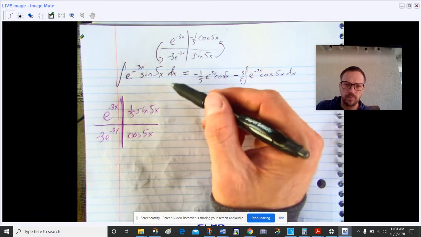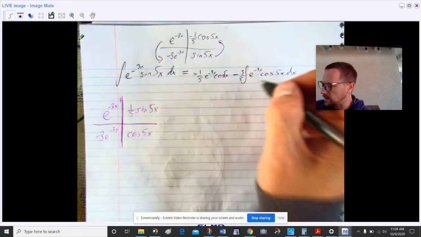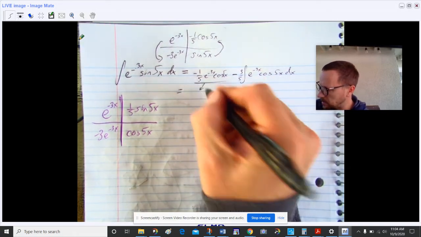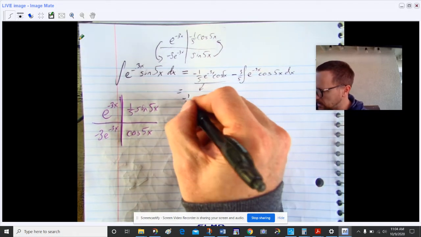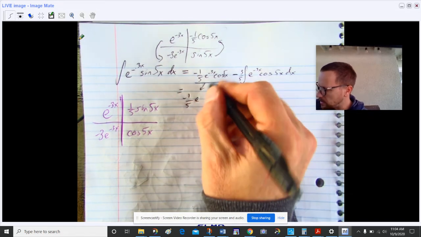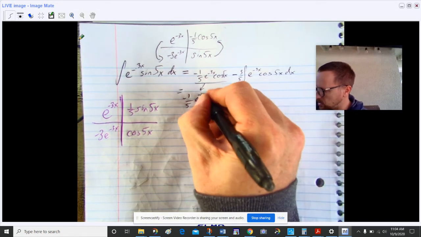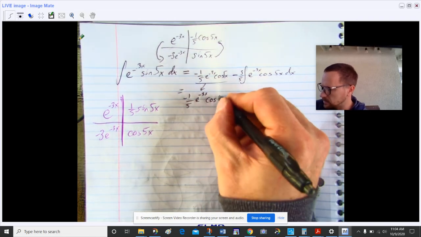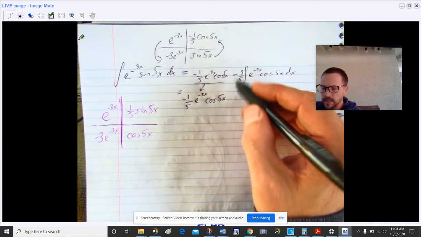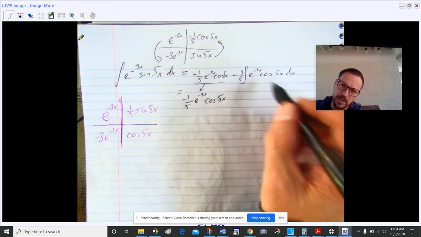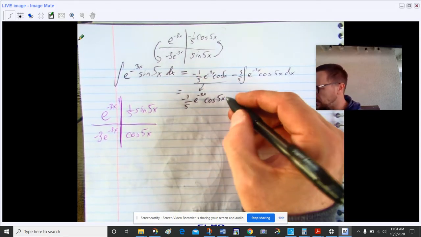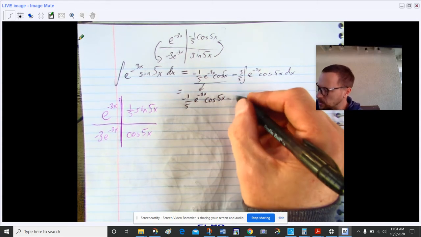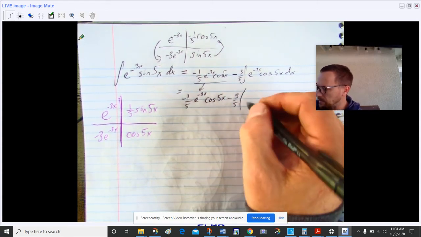One of the important things with these is to never forget to keep that part when you have to do it multiple times. It kind of fades away because we get focused on the integral, but it's still all part of the integral, so we have to leave that around. This 3/5 is outside of everything, so we want to keep that out.